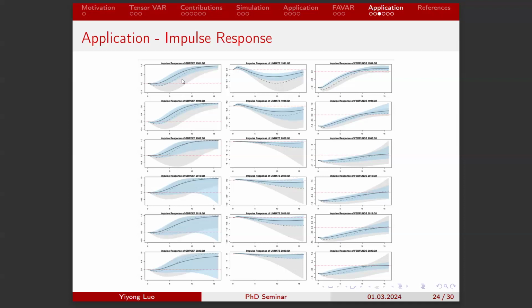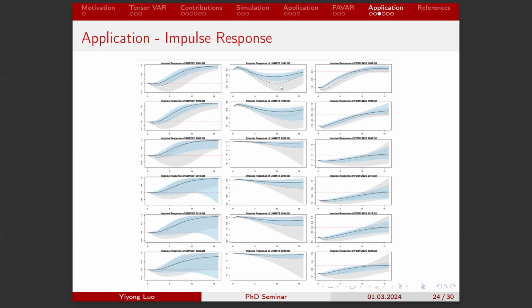This kind of phenomenon is called the price puzzle. And we see that using the autoencoder, we don't have this issue. At least the solid one doesn't have the price puzzle issue. The second thing is that the credible interval of the one using the autoencoder is always narrower during the recession periods.